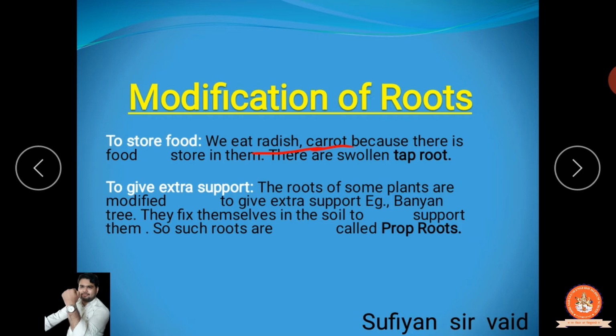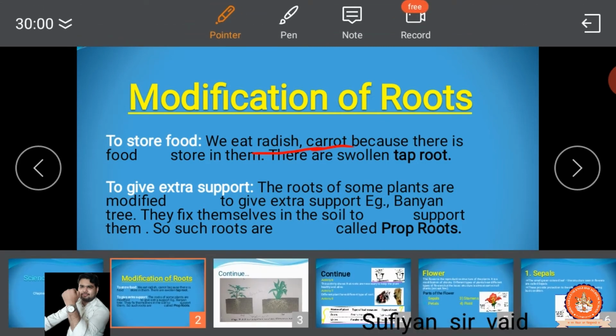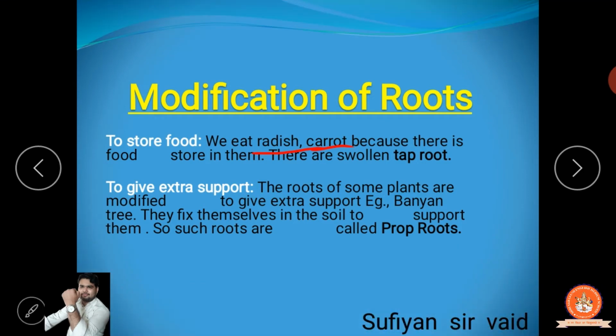Clear? It means there will be a big tree. Okay, suppose that this is our tree. And these are the branches of the tree. Here are also the leaves. Clear?